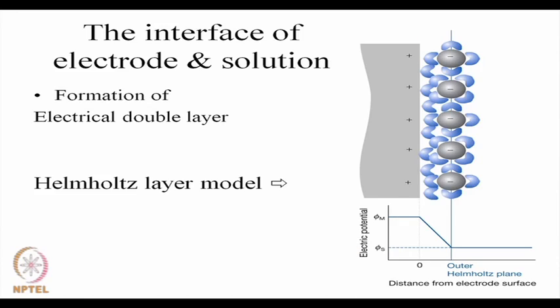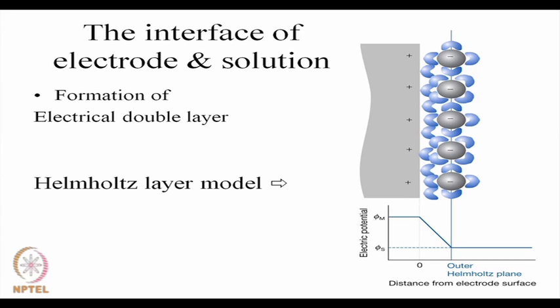Now, when you dip an electrode, a metal piece, say platinum, in an aqueous solution of some electrolyte, what is happening, let us try to look at. So, the interface of electrode and solution: there is formation of an electrical double layer. The electrical double layer is like this: you have this metal part and this is your solution side, and this is the interface between your metal and the solution.